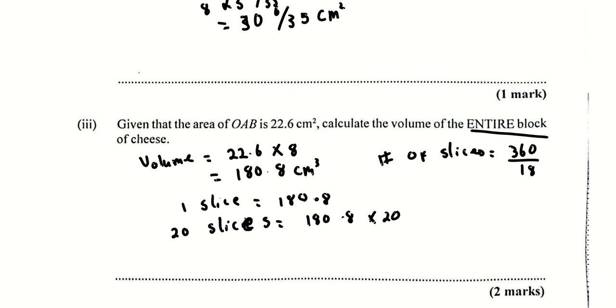When you use the calculator, you will get 3,616, and because it's volume, it will be centimeters cube. And that is the answer for part 3 of number 6. And that is the end of January 2025, number 6.